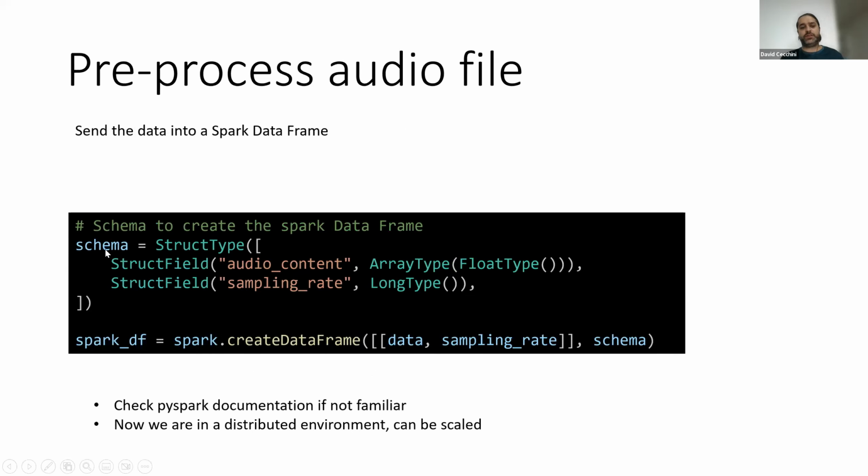I know that this code can be confusing if you're not familiar with PySpark, but it's just a way of constructing data frames in Spark. So we use Spark to process data so that we can easily scale to process big data. So process lots of data at once.